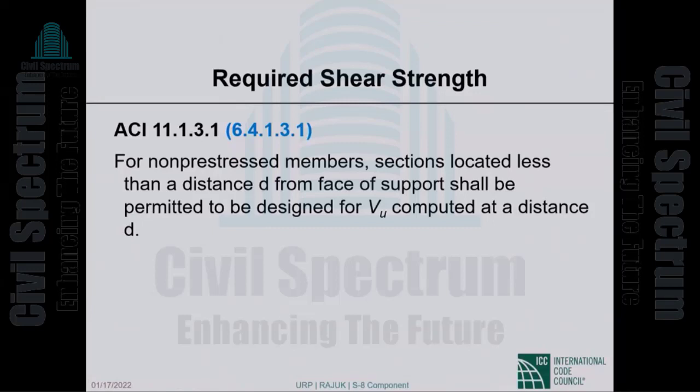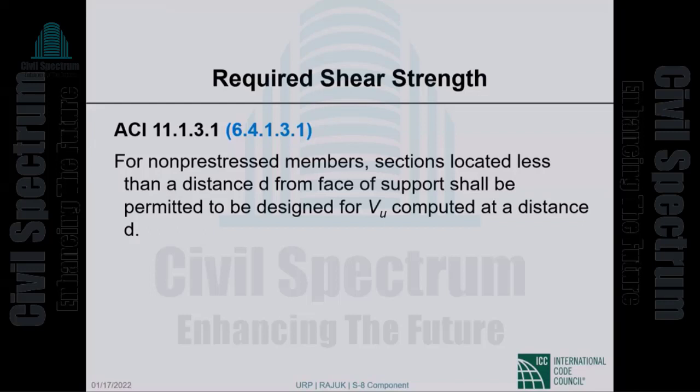For non-prestressed members, sections located less than a distance d from the face of support shall be permitted to be designed for V sub u computed at a distance d. This is very important. We call it the critical section for shear design.